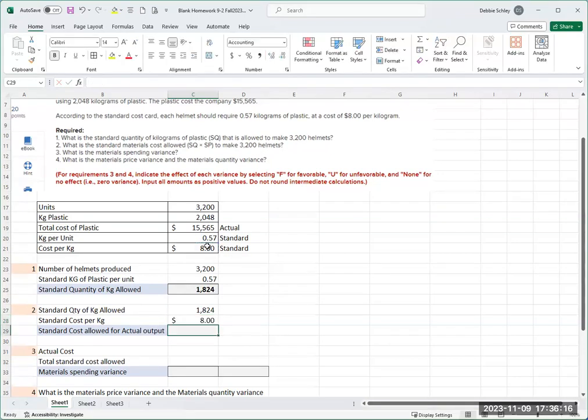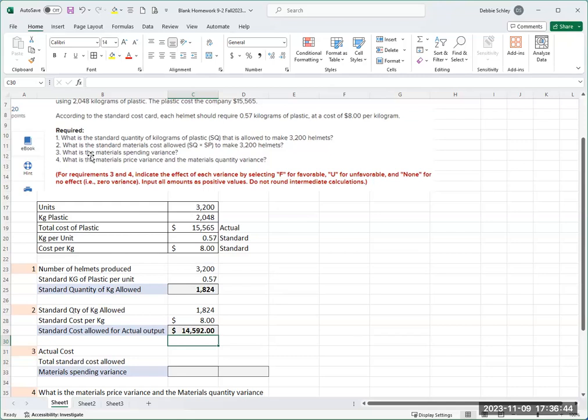So to find the standard cost allowed for actual output is going to be the standard quantity, SQ, times the standard cost, or SP, the standard price. So we come up with 14,592 for the answer to required 2.